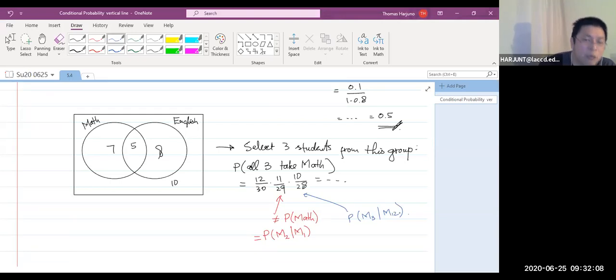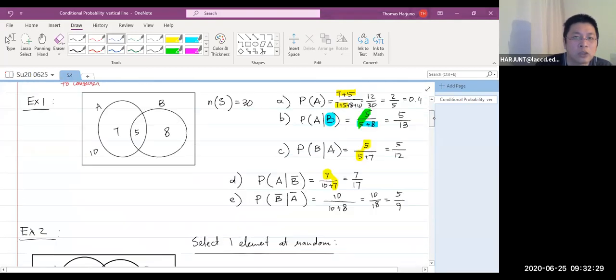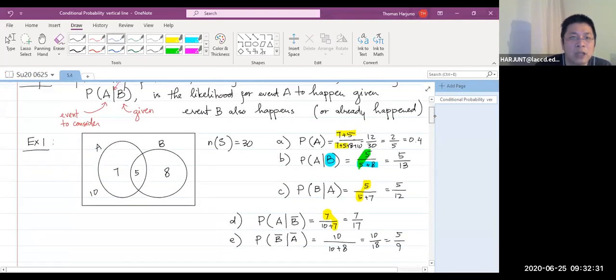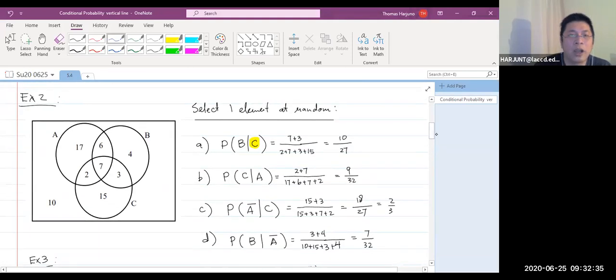But yesterday we did it without formally invoking conditional probability concepts. The concept's already there. We just never formally brought it up. Now, this type of question for sure will be in your test 1. Sometimes in my test 1, I have questions like example 1 or example 2. Sometimes.